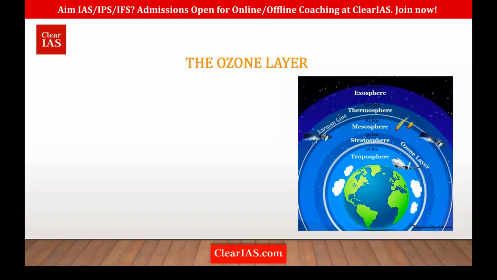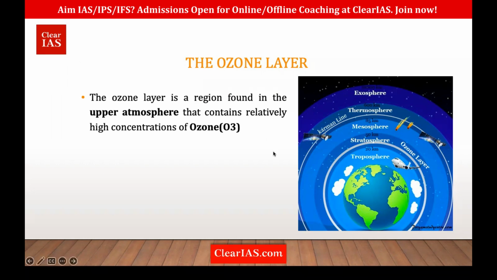This ozone layer is a particular layer which lies in the stratosphere and which has a high concentration of ozone, that is O3. Clear? That is what is called the ozone layer. Why is it there?